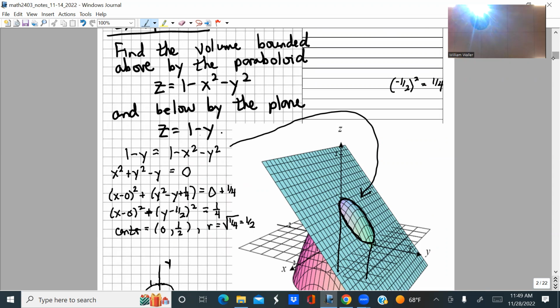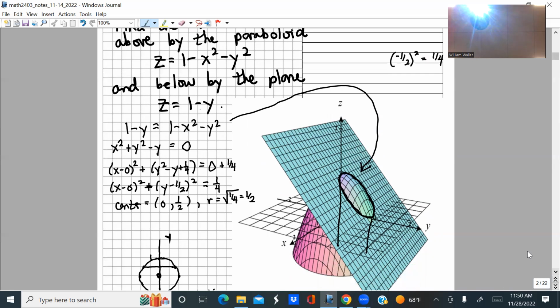What's the equation for that circle right there? So I want to solve here for x, right? Let's just solve that equation for x.